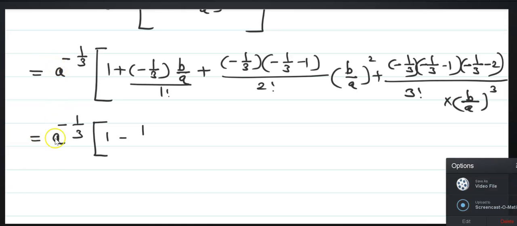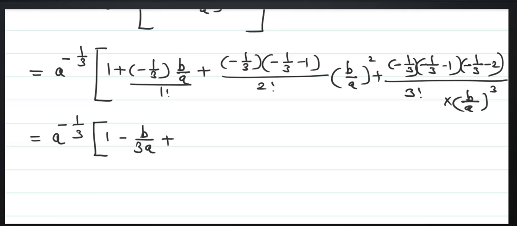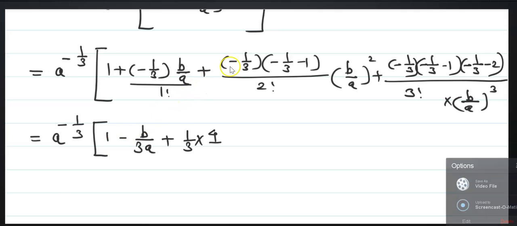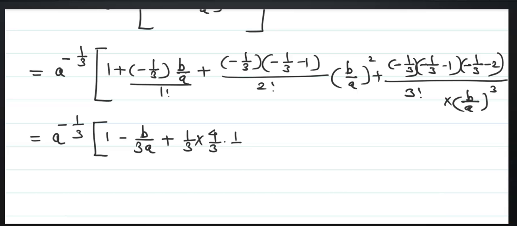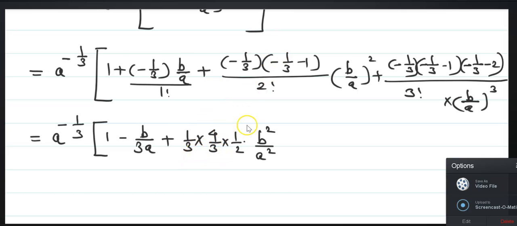These are the terms that we required. Therefore here is A raised to minus 1 by 3 as it is. Now the next simplification is here: plus minus is minus, minus 1 by 3 into B upon A. Now the next is minus 1 by 3 and here is minus 4 by 3. Minus minus will become plus upon 2 factorial, means what? Upon 2 into B square upon A square. Now this is 1 by 3, 4 by 3, 1 upon 2 into B square upon A square.